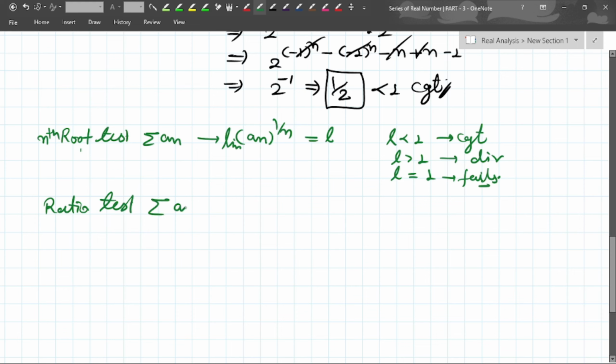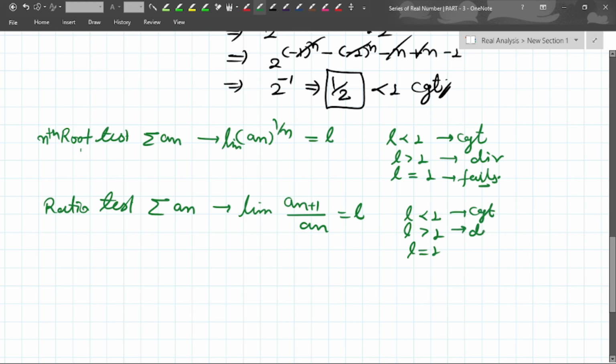For the summation an, you find the limit of an plus 1 divided by an. If it is L, then if L is less than 1, L is greater than 1, or L is equal to 1, the same cases will arise here. From here the test will fail.